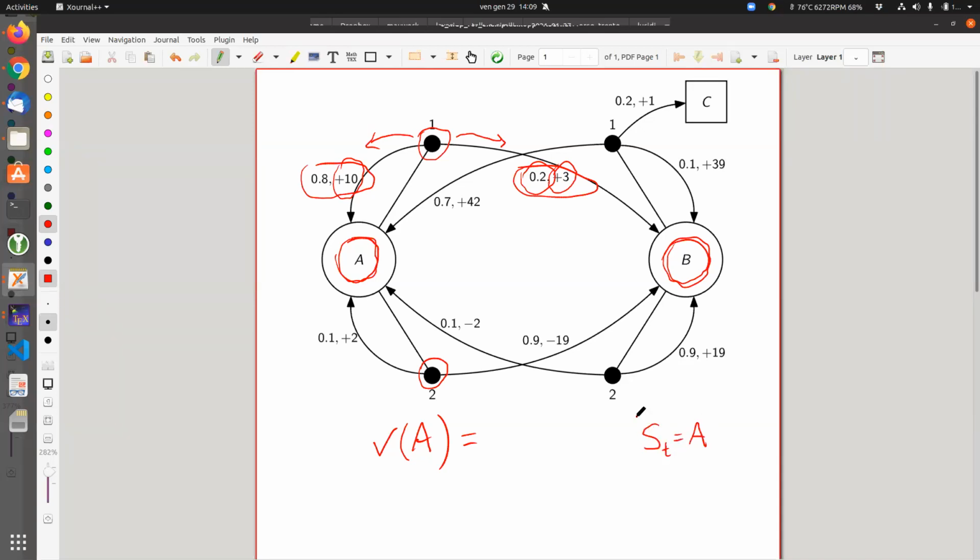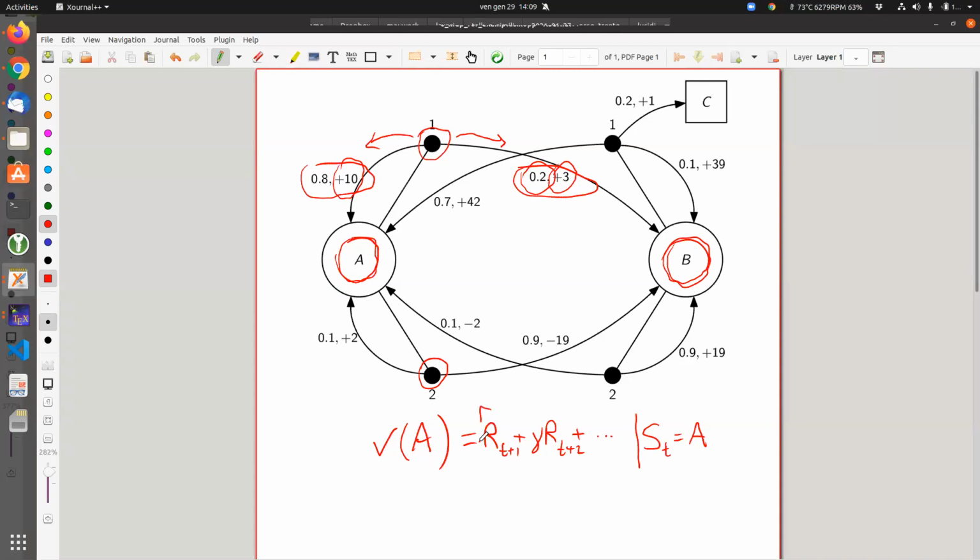I have the starting point, which is the state A at time t, and then I take the reward I obtain immediately, and then the reward I obtain at step 2, and so on. And then there is a discount factor because I'm less confident in rewards which are far in the future.